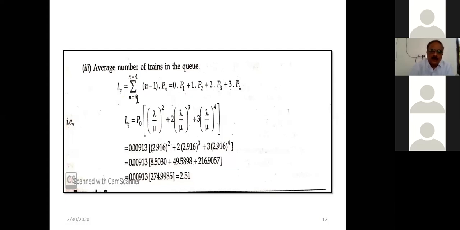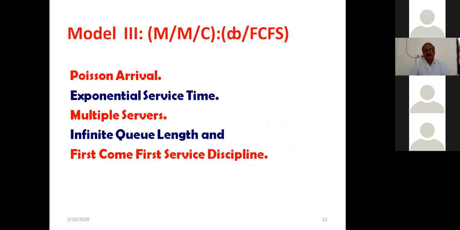Let us move to another model. Now till this time, we have seen all the models which were having a single server. The first model was a single server model with infinite population, and the second model which we have seen today was a single server model with finite population n.